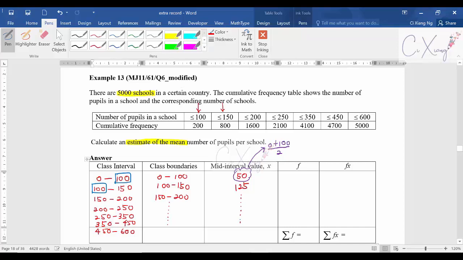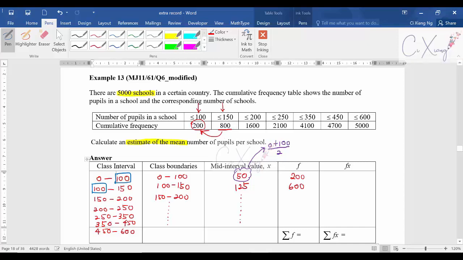All right, then we are going to get the f. To get the frequency, you need to take the later cumulative frequency minus the current one. For the first class, we have 200, so you just copy 200. But for the second class, you take 800 minus 200, and therefore you get 600. How about the third class?